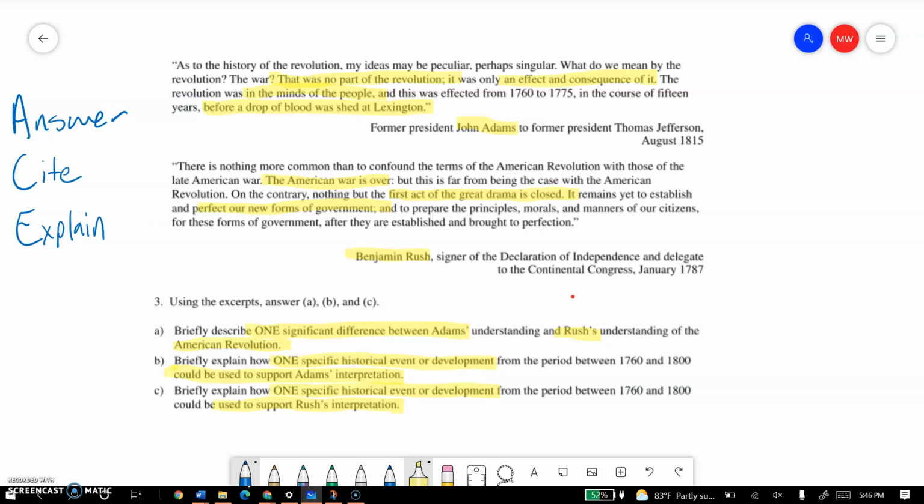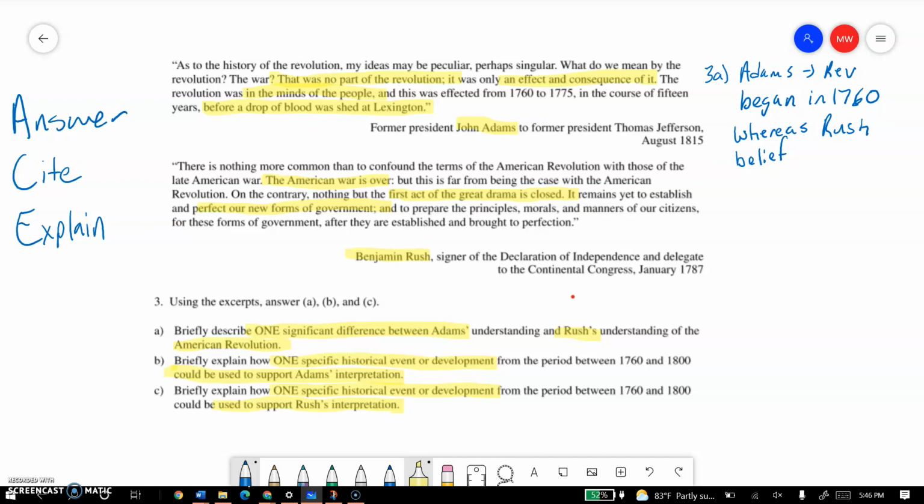So, to answer 3A, we could say, for example, that Adams believes that the revolution began way back in 1760, whereas, and here's how we link these two things together, Benjamin Rush believes that it goes after, it is the establishment of the new political structure.